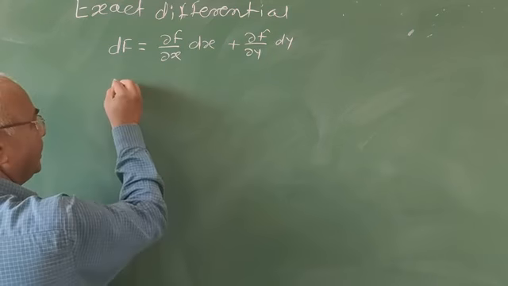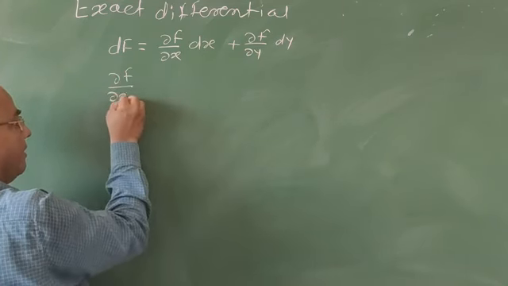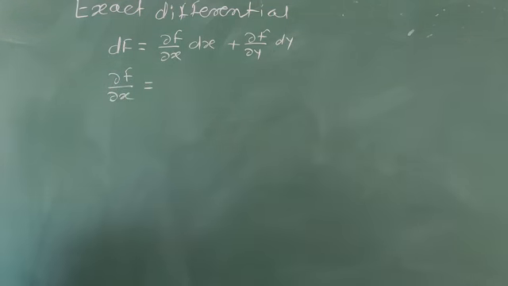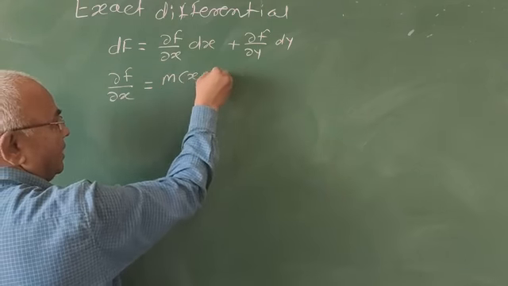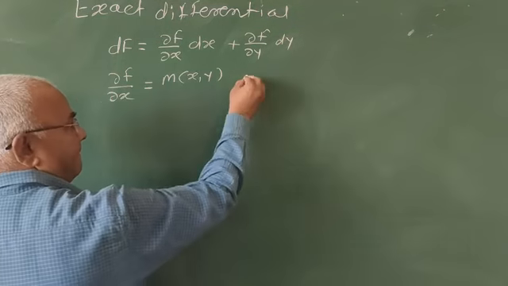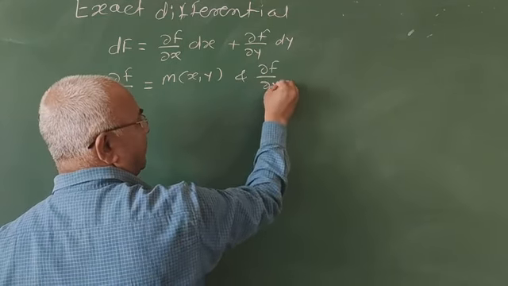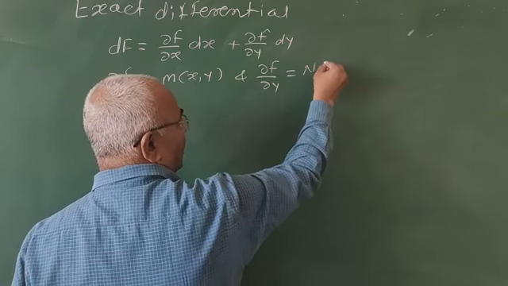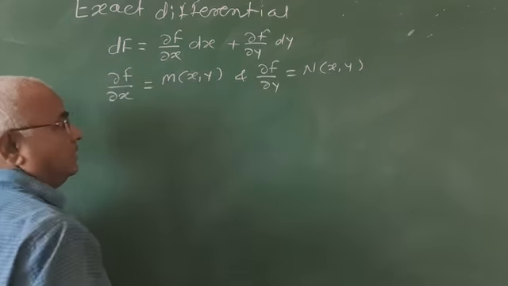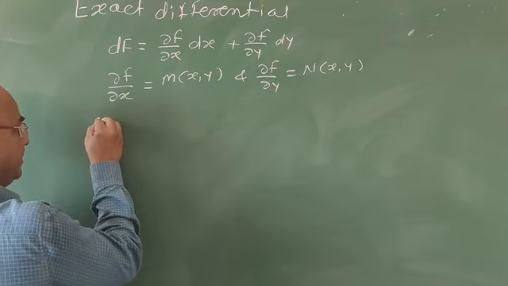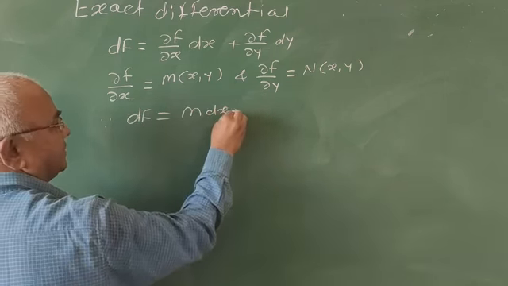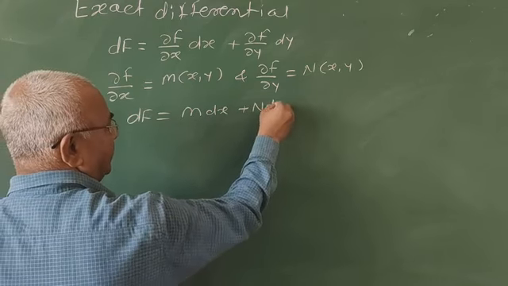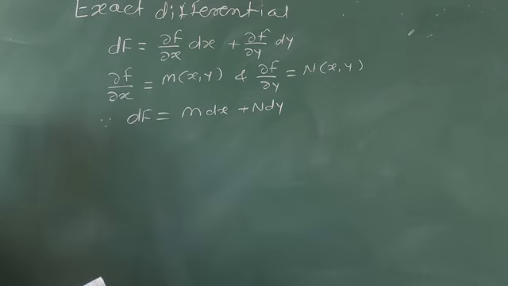Here, if ∂f/∂x is again a function of x,y, that is M(x,y), and ∂f/∂y is again a function of x,y, N(x,y), we can write df is equal to M dx plus N dy.